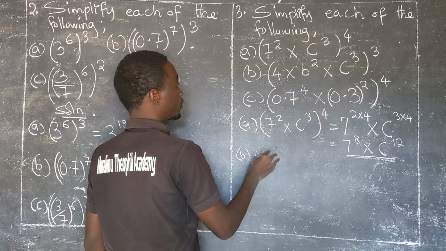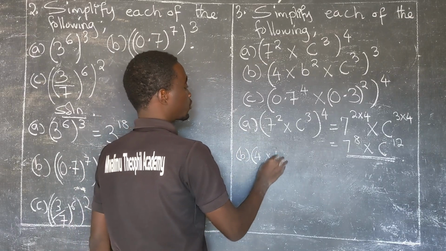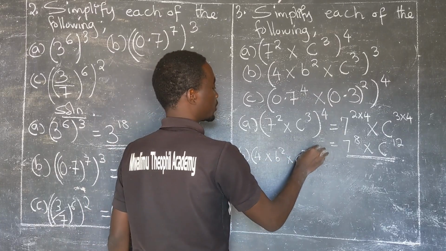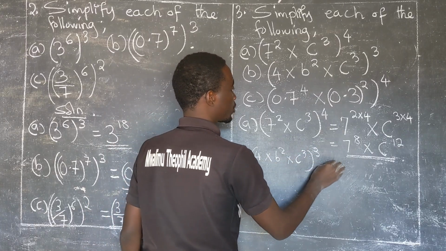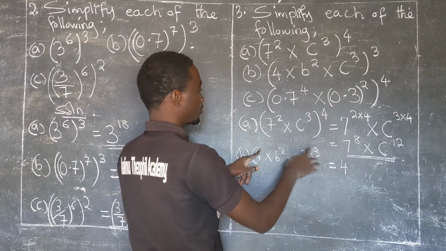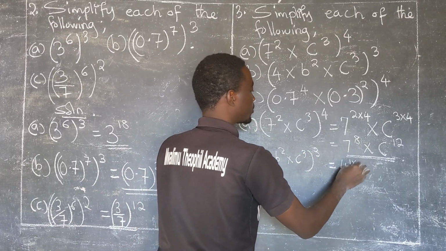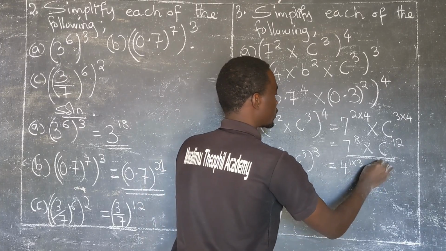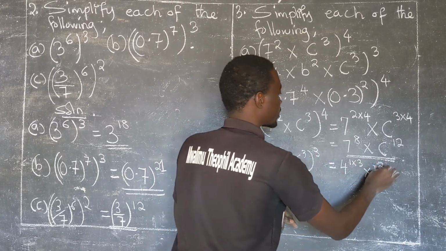Now, 4 times B squared times C raised to 3, raised to exponent 3, will be equal to, here 4, here is 1 times 3. We multiply by B raised to 2 times 3.